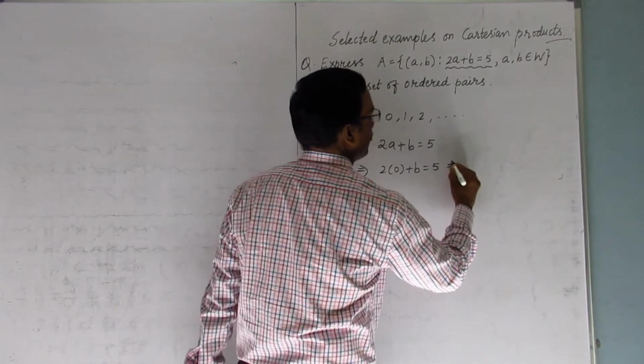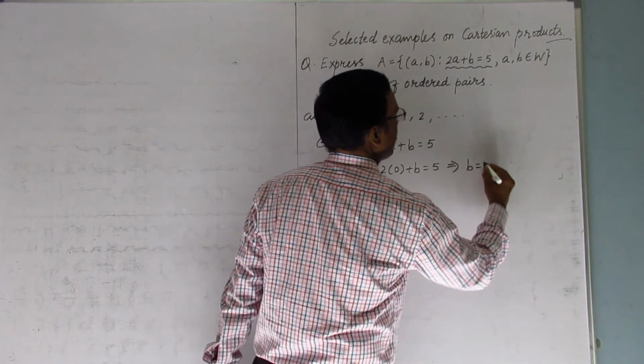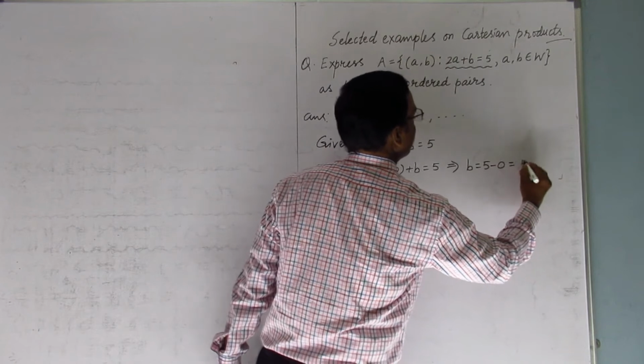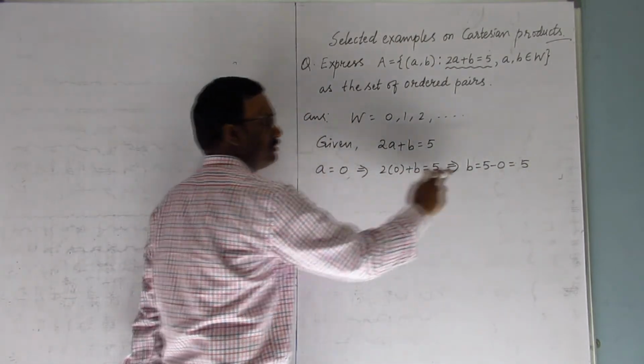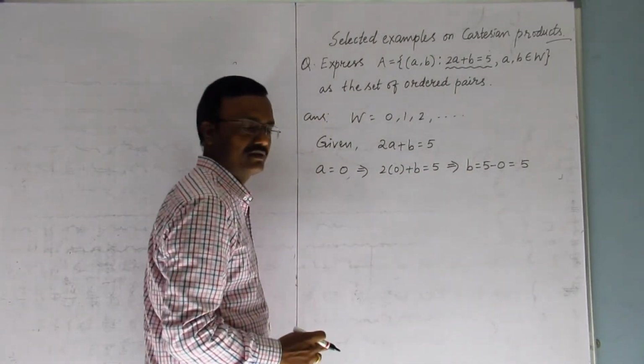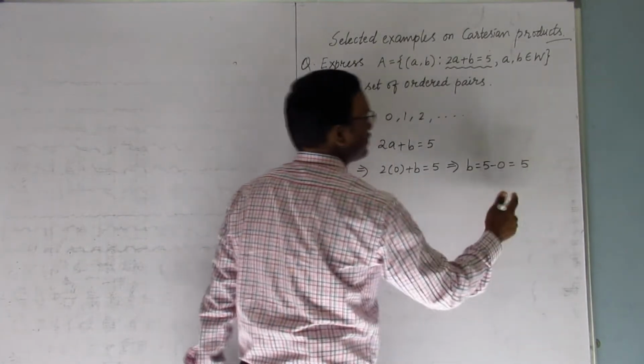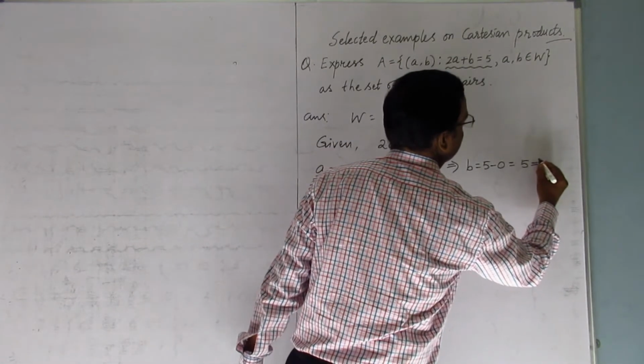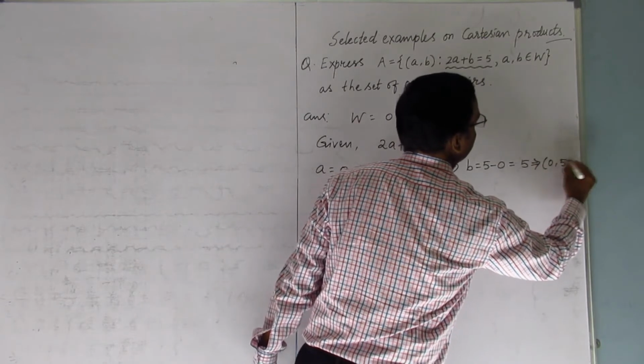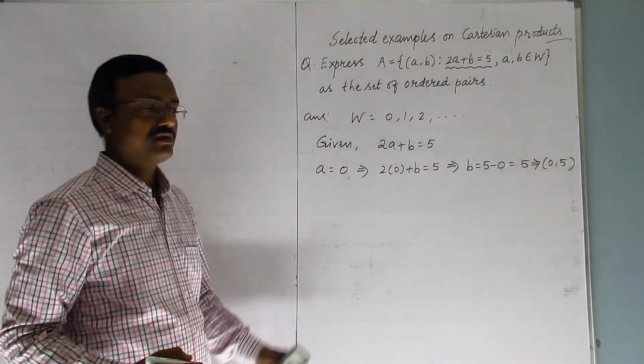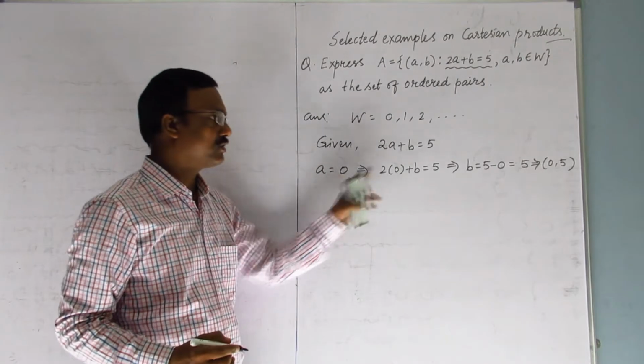That will give b is equal to 5 minus 0, which is 5. So when a is 0, b is 5. As a result, the first ordered pair will be 0, 5.